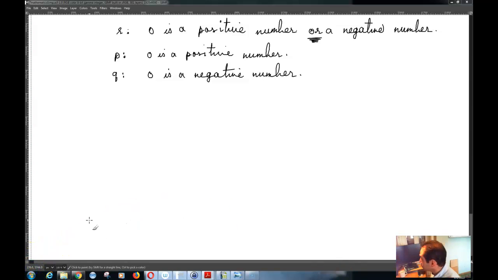Now the next question is to find the component statements of these statements and check whether they are true or not.